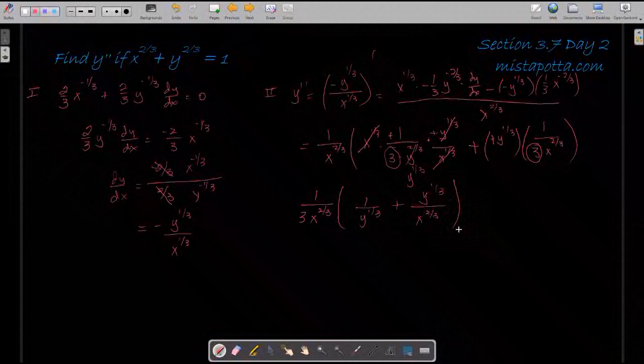So I've been able to do a lot of algebraic simplification here. And when I get a common denominator, I'm going to be able to do even more. My common denominator would be y to the 1/3 times x to the 2/3. This is missing the x to the 2/3. And this is missing the y to the 1/3.